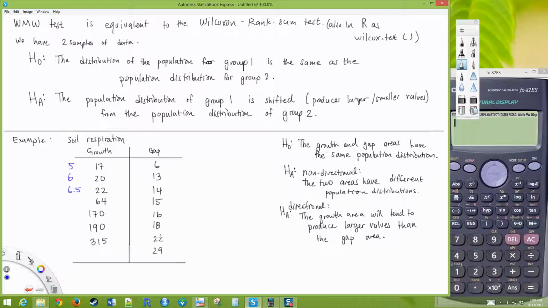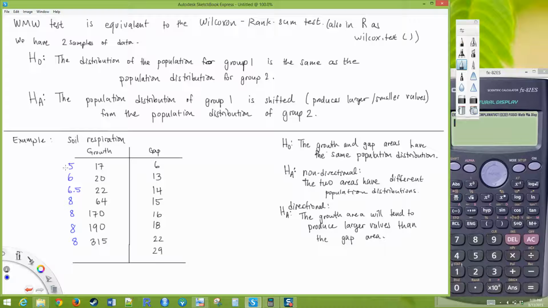If another 22 were in this list, each 22 would count as half a point, and I would put 7 there. At 64, all 8 numbers are smaller. And for 170, 190, and 315, all 8 numbers are smaller.